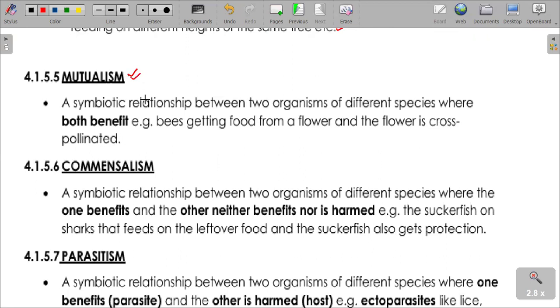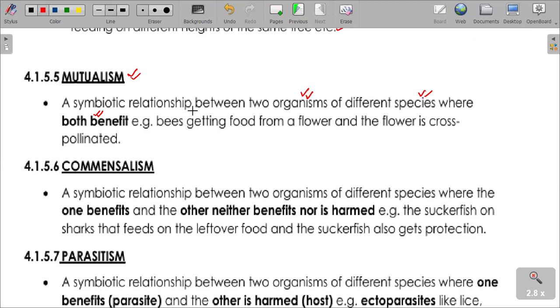Mutualism is a symbiotic relationship, which means a beneficial relationship between two organisms of different species, where both of them benefit from each other.